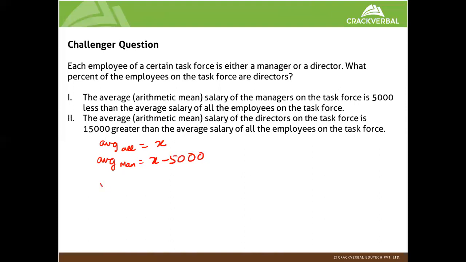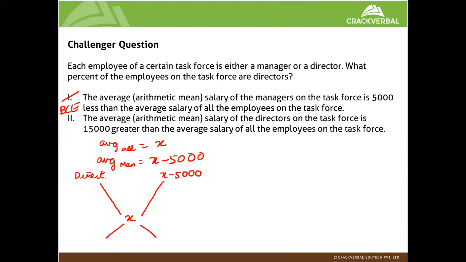Now what we're doing here is mixing the average salary of all the managers, that's X minus 5,000, with the average salary of the directors, which I have absolutely no information about, to get the overall average salary to be X. But since I have no information about the average salary of the directors, I cannot solve for the percentage of employees on the task force. So the first statement is clearly insufficient, BCE.